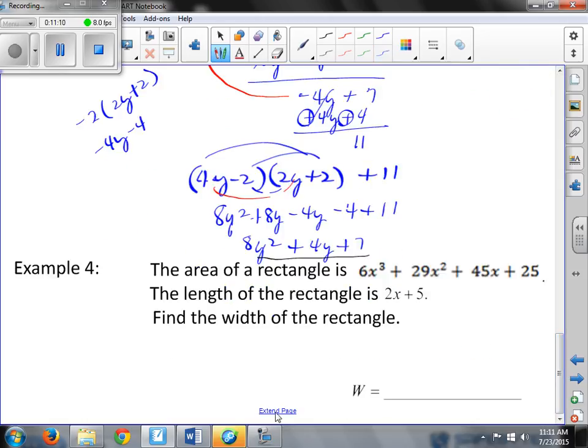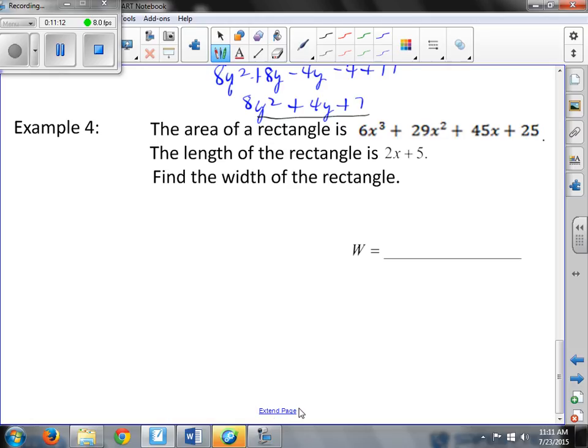Our last problem will be an area problem. The area of a rectangle is 6x cubed plus 29x squared plus 45x plus 25, and the length of the rectangle is 2x plus 5. Find the width of the rectangle.